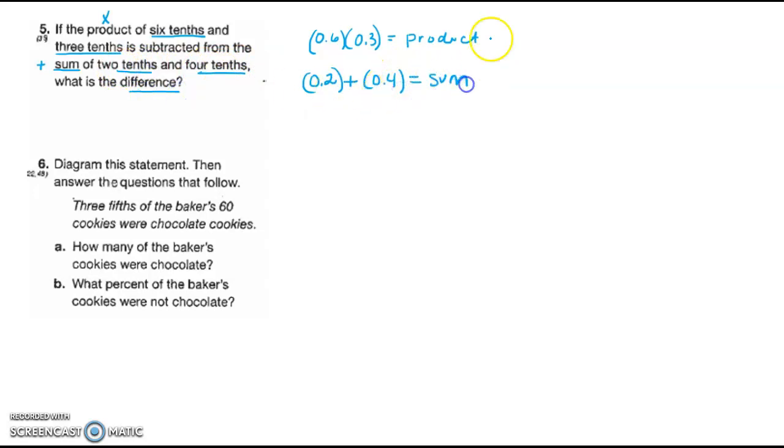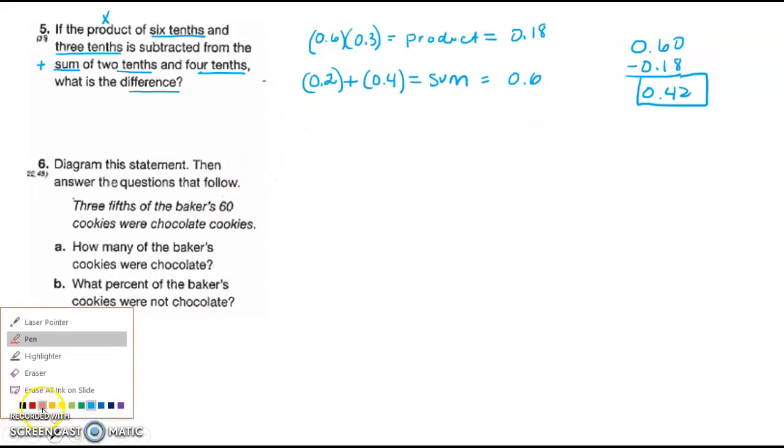So this is the sum. So let's go ahead and multiply this. 0.6 times 0.3 is 0.18. And then I have 0.2 plus 0.4, which is 0.6. And it asks for the product is subtracted from the sum. So we're going to do 0.60 minus 0.18. And I get 0.42 as my answer.